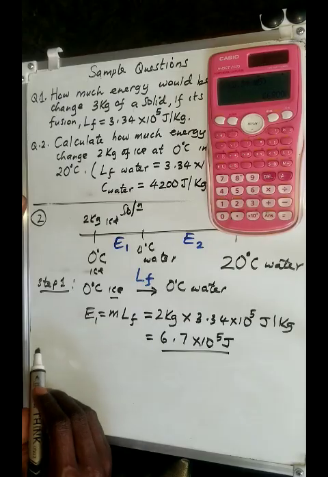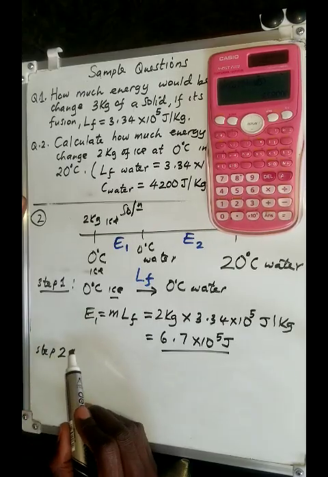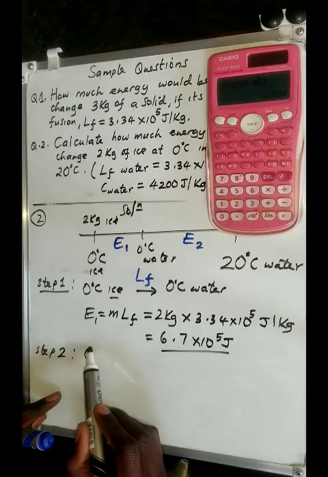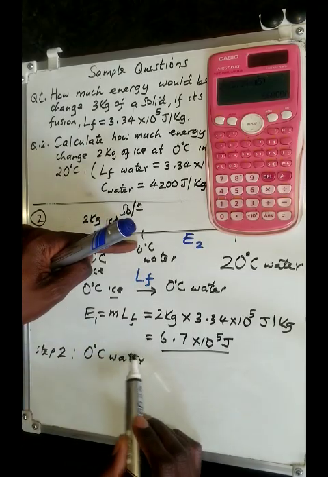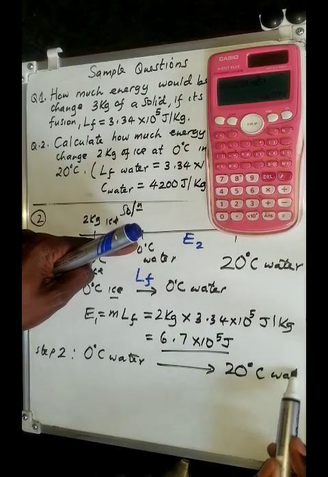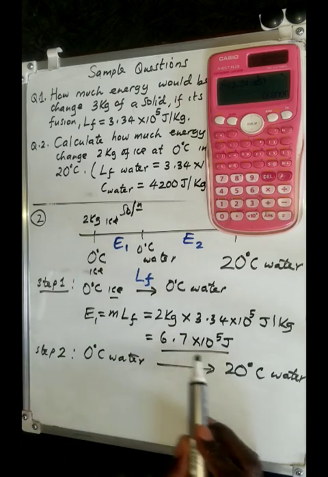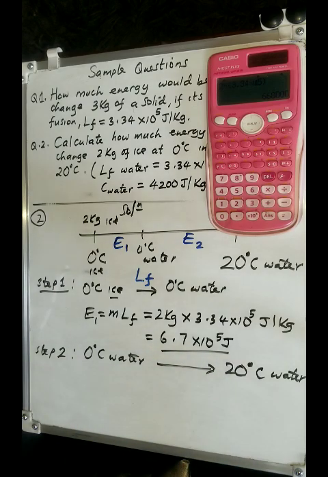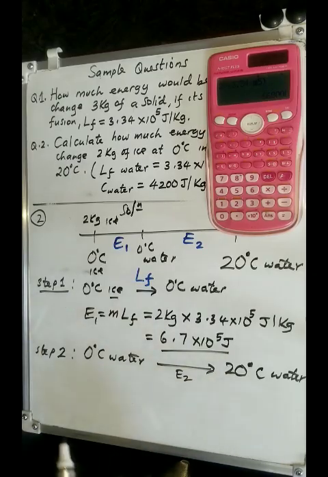The second thing, step number 2, you now need to find the energy needed to change from 0 degrees of water to 20 degrees of water. So what's the energy in this case? Now the energy that is needed here, we are going to use what we learned in our previous discussion, specific heat capacity.